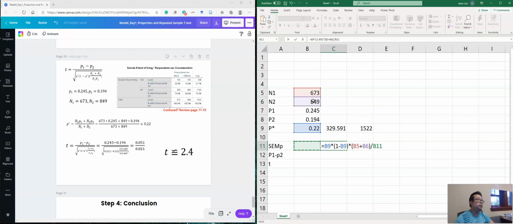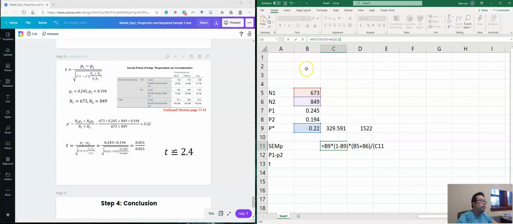In this case, for better calculation, you'd rather make the parentheses again, because n1 plus n2 and n1 multiplied by n2 are separate. That's why I'm adding the parentheses.